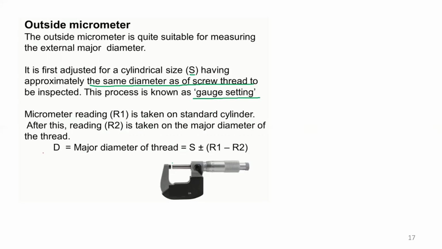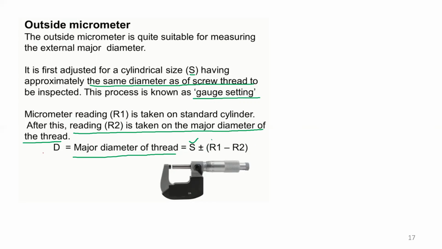Then we place the screw thread or workpiece and again take the reading R2 on the major diameter of the thread. Therefore, the major diameter of the thread is equal to S plus or minus R1 minus R2. S is the standard cylinder size, generally a plain plug gauge.